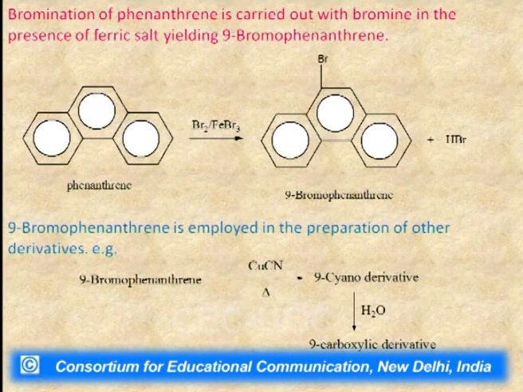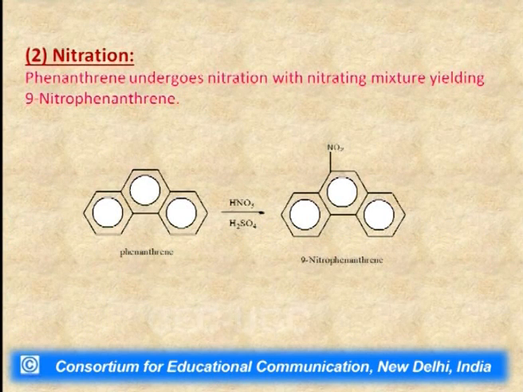We can use this 9-bromophenanthrene to undergo cyanidation with copper cyanide to give us the 9-cyano derivative, which followed by hydrolysis will give us the 9-carboxylic derivative, and this derivative we can use in pharmaceutical applications.